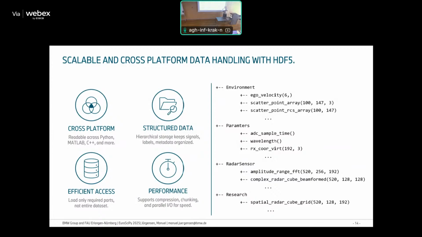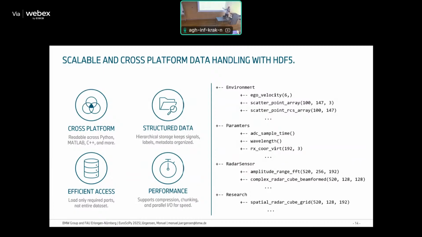So, for example, you can save your wavelength, the space between your antennas and stuff like that. Also, you can access different parts of your data very efficiently, because you can say, okay, I just need that for my model training, so I only access this. And also, it's quite performant because you can compress data, you can do chunking and parallel access from multiple threads.